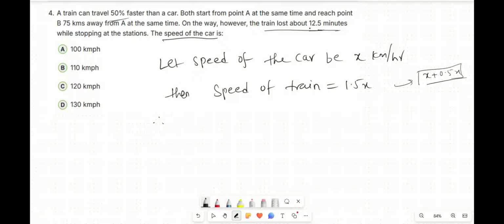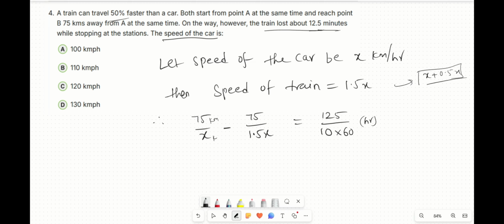So here they gave that the train lost about 12.5 minutes. The time taken by the car to travel 75 kilometers is 75 by x, distance by speed, right? So 75 by x minus 75 by 1.5x equals 12.5 minutes, which the train lost. 12.5 can be written as 125 by 10 into 60, converted into hours.